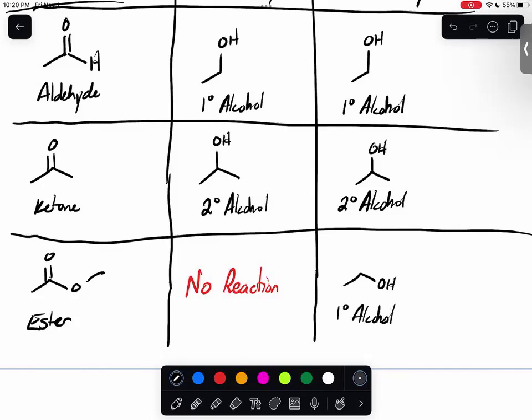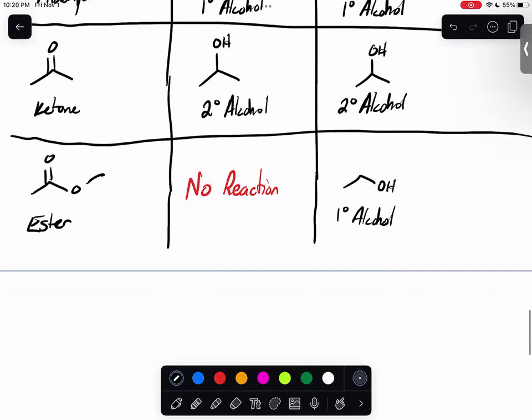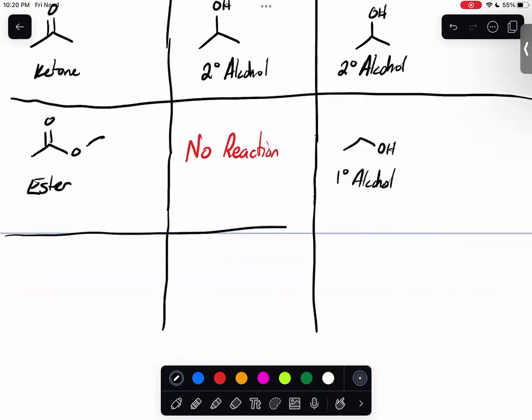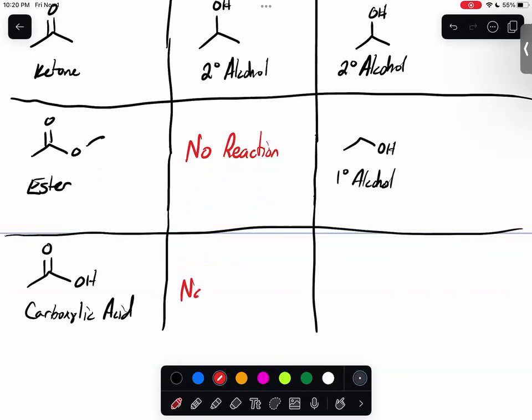What about something like a carboxylic acid? Well, interestingly, unlike many of the things that we've been looking at, carboxylic acids can be reduced, but they cannot be reduced by sodium borohydride. We're going to see no reaction. On the other hand, lithium aluminum hydride will treat it the exact same way it treats esters, and we'll end up with a primary alcohol.